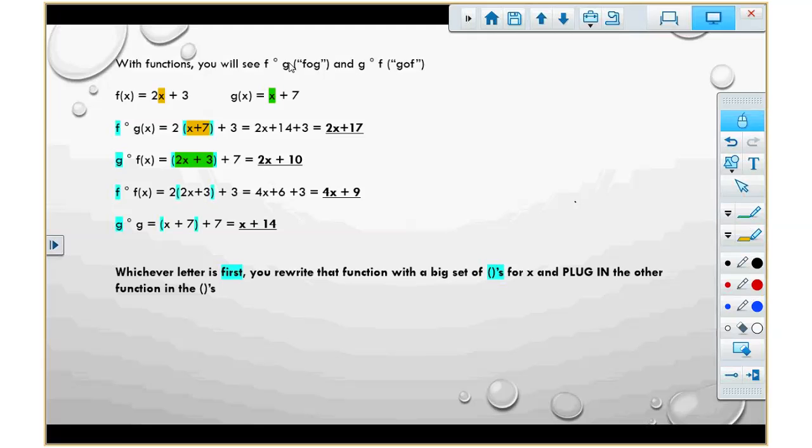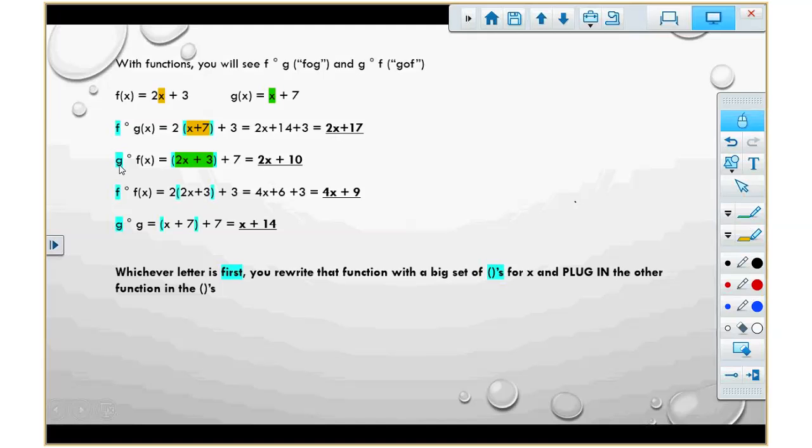And wherever there's a big set of parentheses, I'm going to plug in g. And that's what I did here. F composed of g. So I take 2, I rewrite this, 2 big set of parentheses plus 3. And what do I do with x plus 7? I plug it back in. And that gives me 2x plus 17.